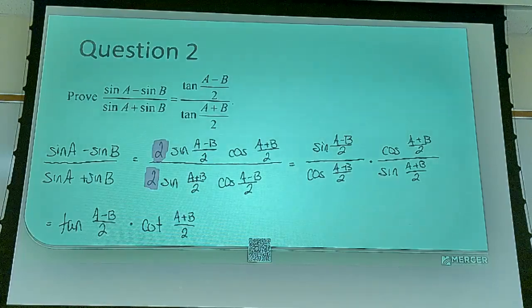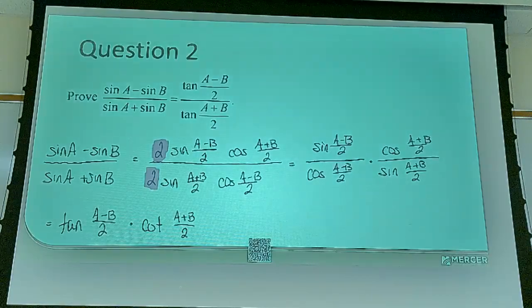Not quite there yet, though. How else can we write cotangent? Right, it's cosine over sine, or what else? It's 1 over tangent, isn't it? Reciprocal of tangent.